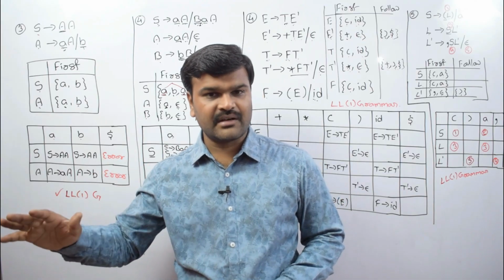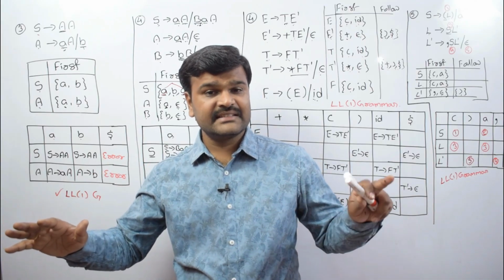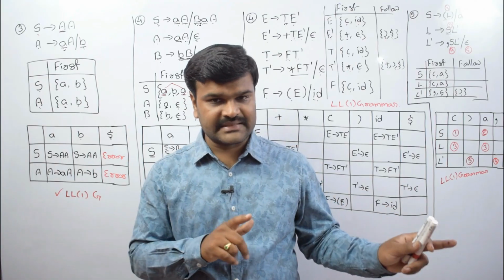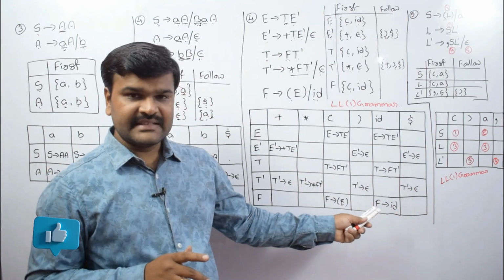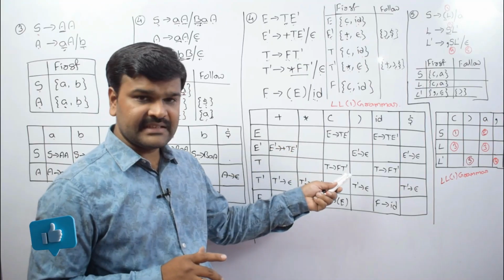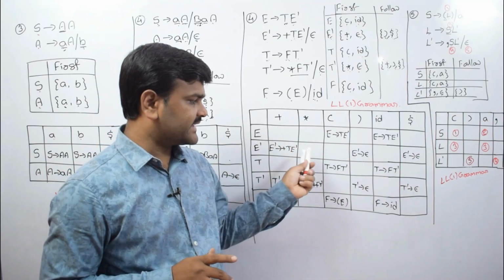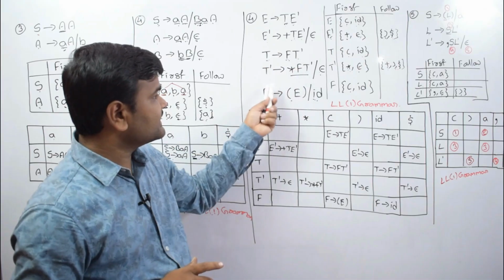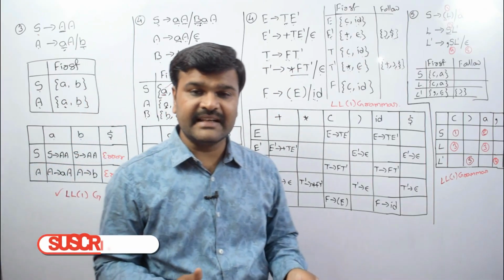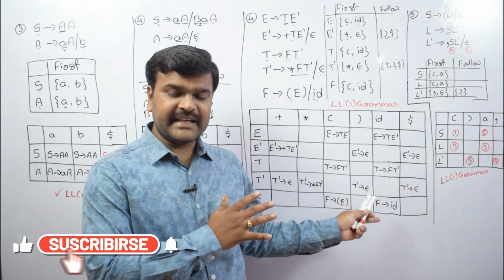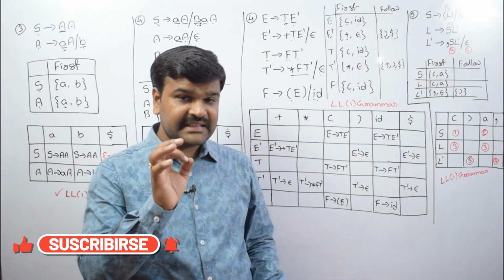If n productions are there, at least n entries we are going to have in a parse table like this. Some cells are empty, and this is entry 1, 2, like this. So, how many rules are there in a grammar? That many entries will be there in a parse table at least.